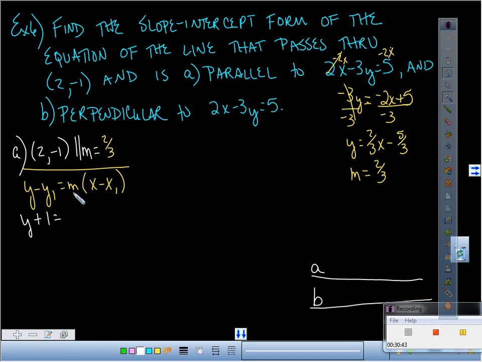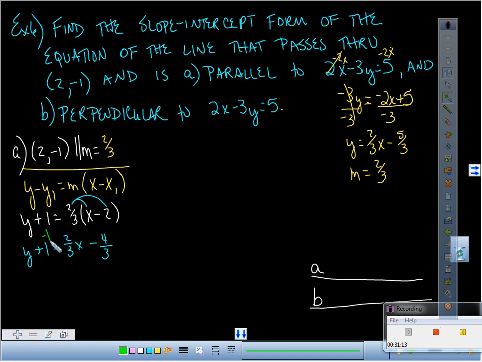Plus 1 is equal to, what's the m? 2/3 times x minus 2. Very good. Now, all you have to do is distribute, and then we'll collect. So y plus 1 is equal to 2/3 x minus, what's 2/3 times 2? 4/3.